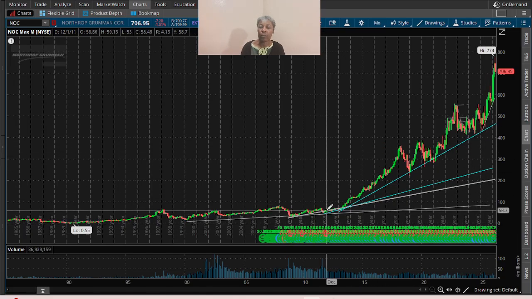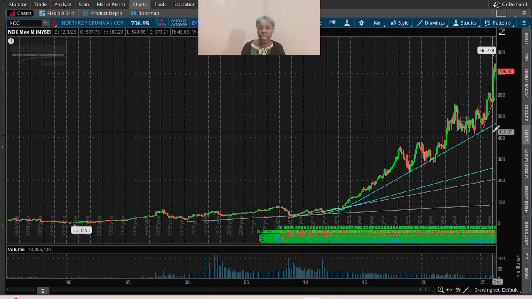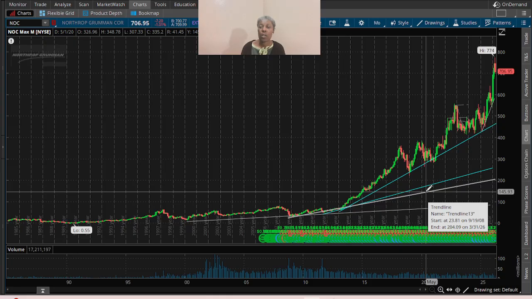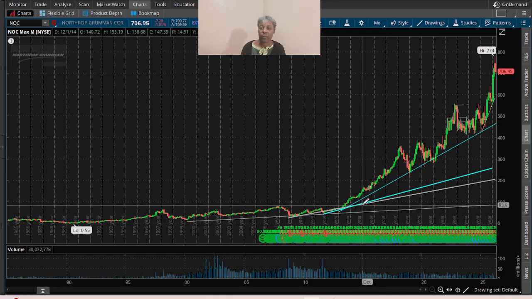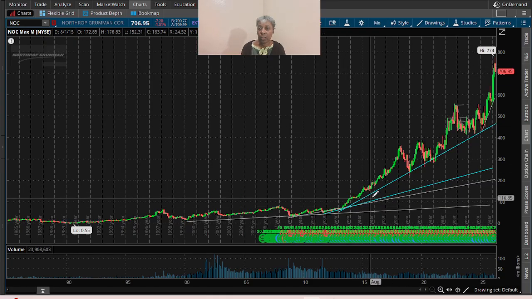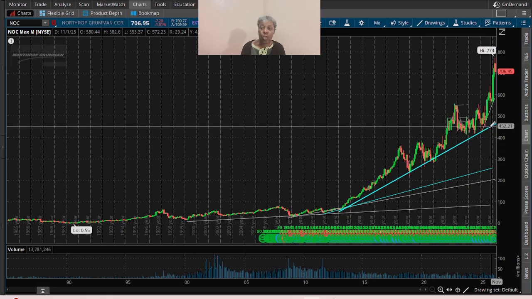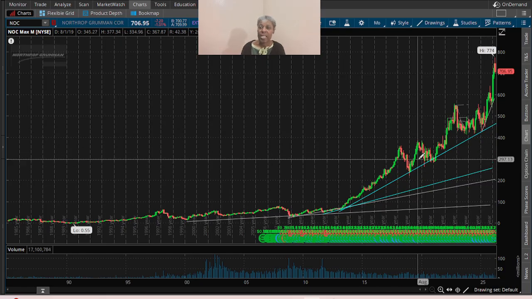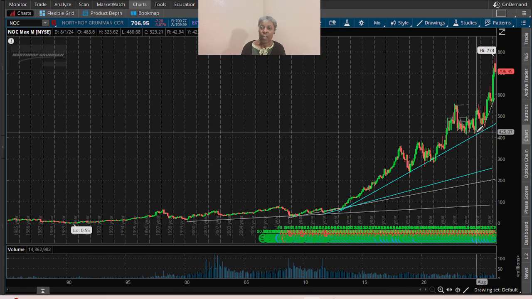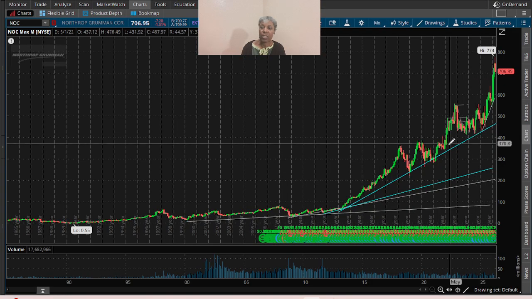By being able to trace an uptrend line, an oblique trend line tilting upward, connecting those bottom V's, it shows me that I have higher lows at the bottom of the chart. The low here is higher than this one, is higher than this one, is higher than this one.